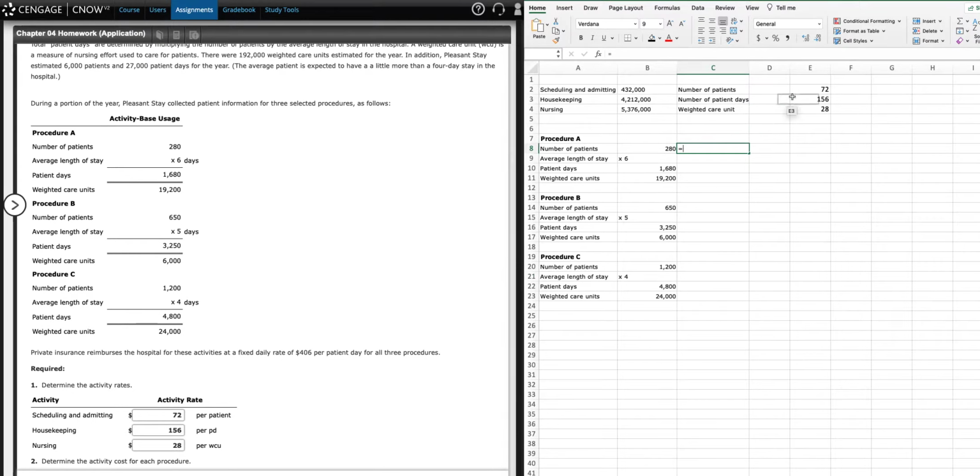So we're just going to pull these numbers down, and then we'll multiply them across. So 280 patients times the 72 rate, and same thing, 1,680 times the 156 rate, 19,200 times the 28 rate, and then we'll do a sum.